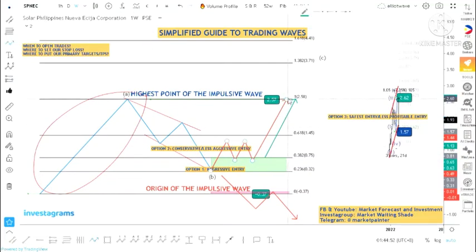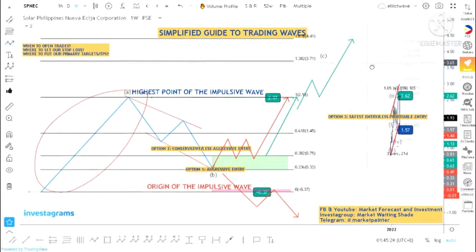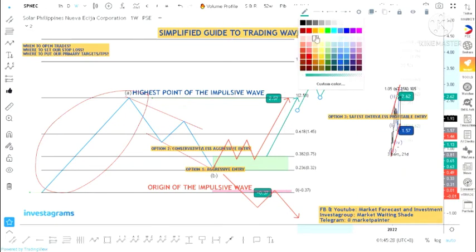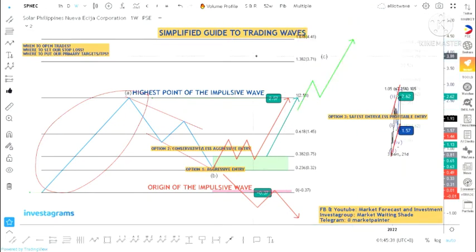So due to the strong momentum, our price suddenly made a breakout, and if this is a continuation of the previous impulsive wave, it will only make a re-entry as a retest of this high of the impulsive wave, and then continue with the extension of the trend.